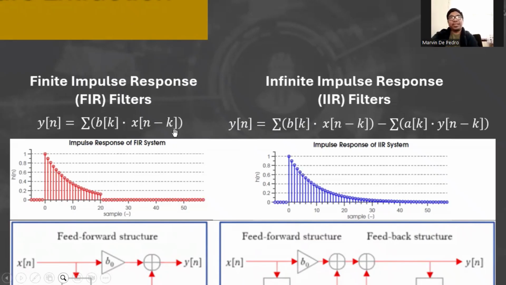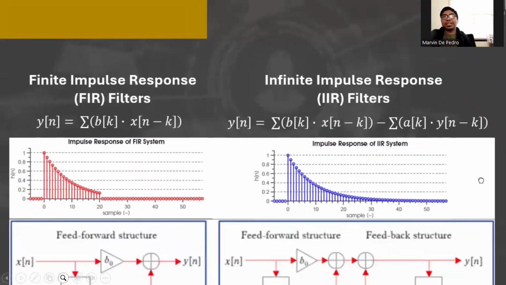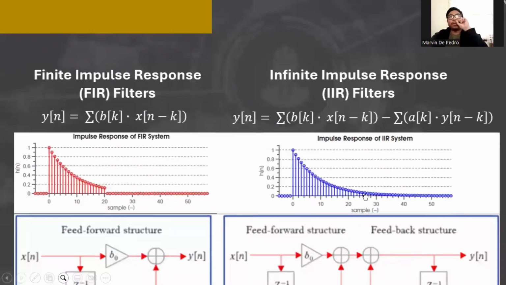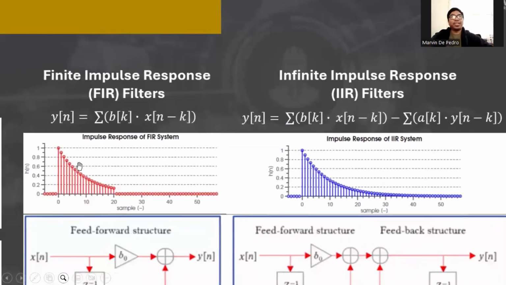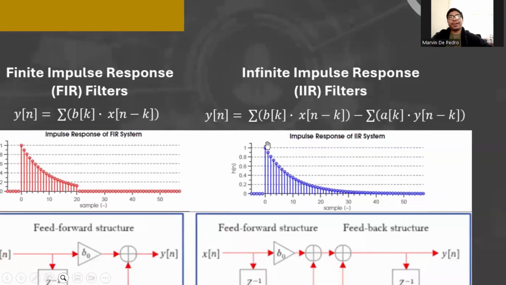As you can see, it's the same equation, but we added this term. We have the feedback component. So this is the feedforward component and the feedback component. Since it has a feedback component, it is now more complicated. We're going to talk about that in a while. But for now, why is it called finite impulse response? As you can see, the response of our FIR filter is limited. It stops here. Whereas in IIR, the response of the filter is infinite.